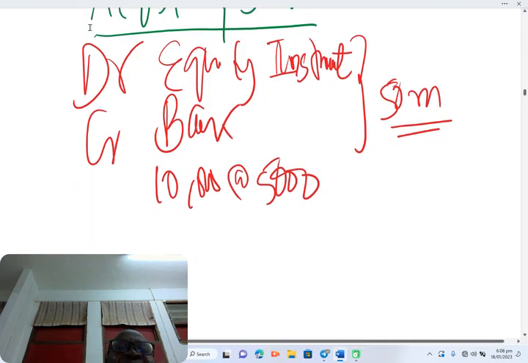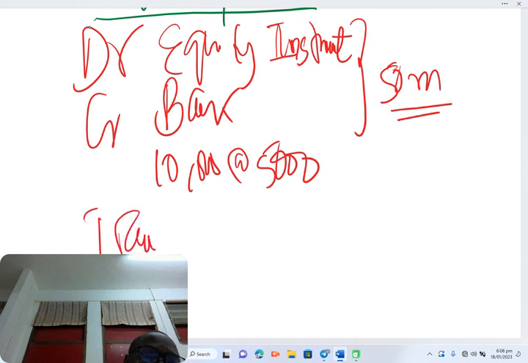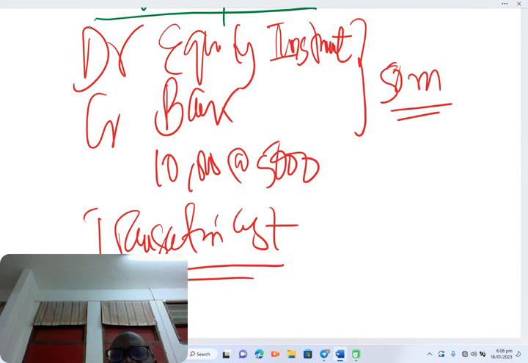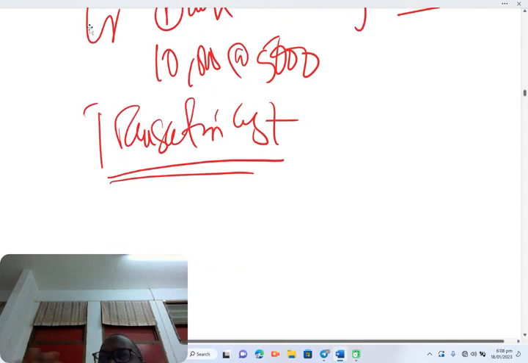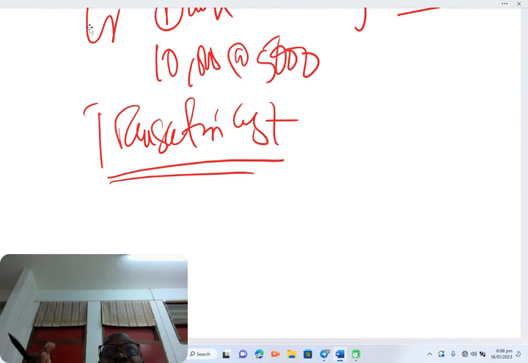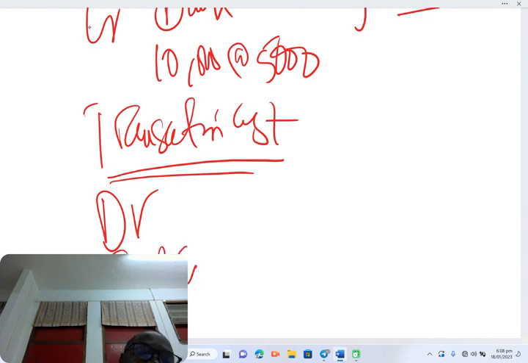Now, what happened to the transaction cost? Who can tell me? These shares are bought for what? Trading. Therefore, the transaction cost is going to be expensed in the financial statements because shares were bought for trading. So you debit and credit the bank, and then there is admin cost on acquisition of shares.